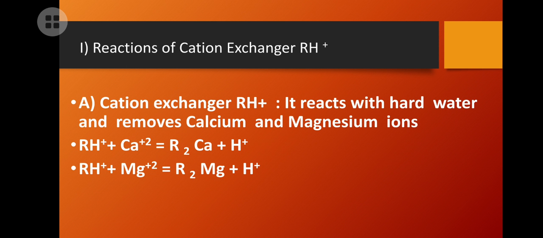Same is the reaction with magnesium ion. RH reacts with magnesium ion, as a result an exchange takes place and magnesium attaches with the R group. Since the valency of R is 1, we have R2 magnesium and H ion is released.